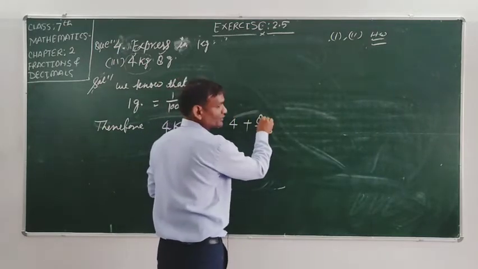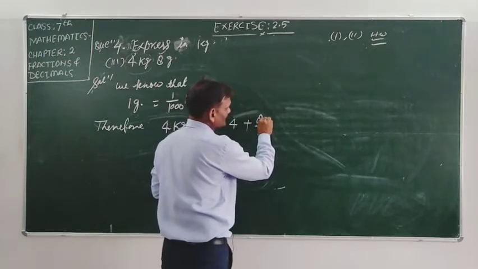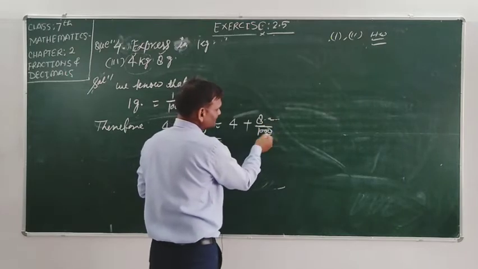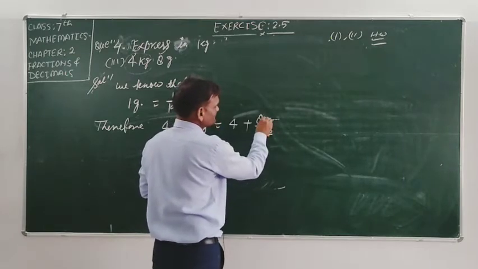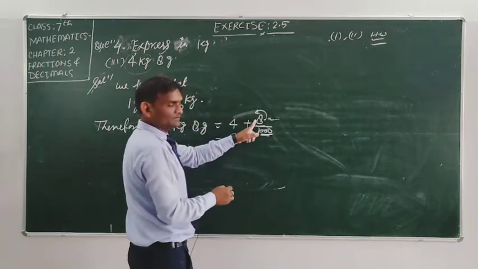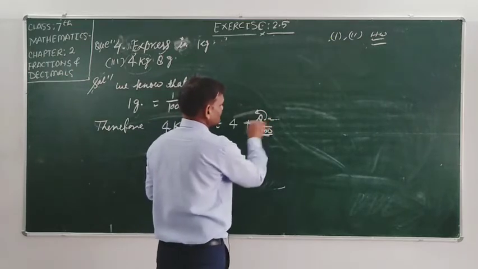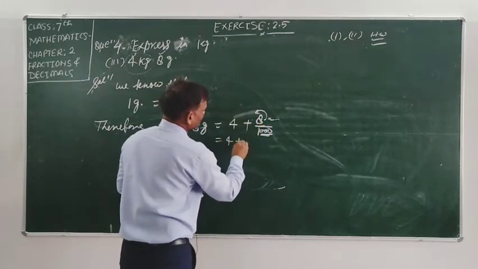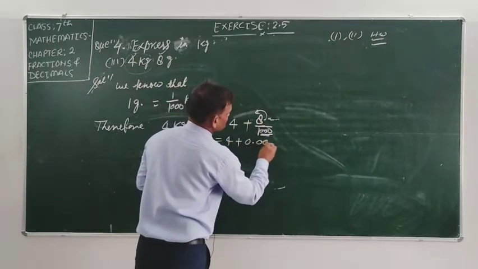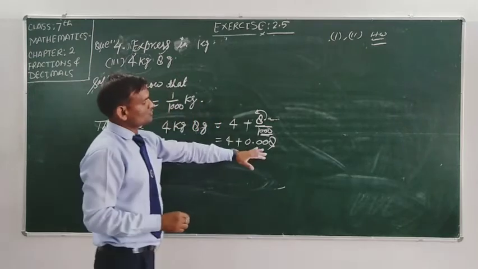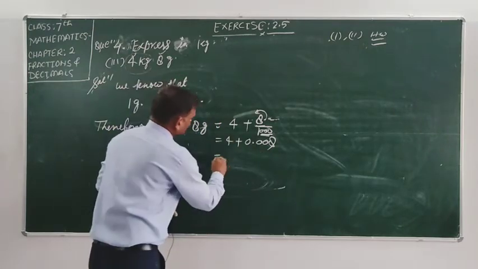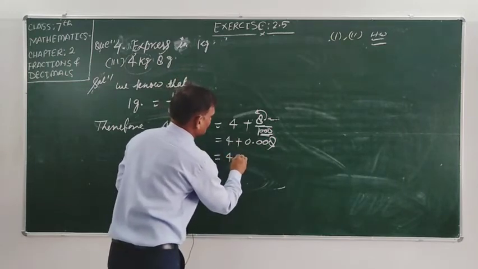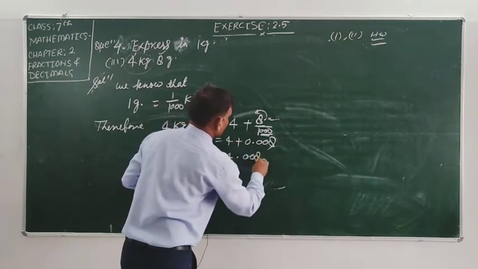This is the whole number. You can use the decimal point here, and you can write many zeros after this decimal point, and this 1000 has 3 digits, so the decimal point will shift to the left side 3 digits. 1 digit is already present here, so we add 2 zeros. So 4 plus 0.008, and now we can add it: 4.008 kg.